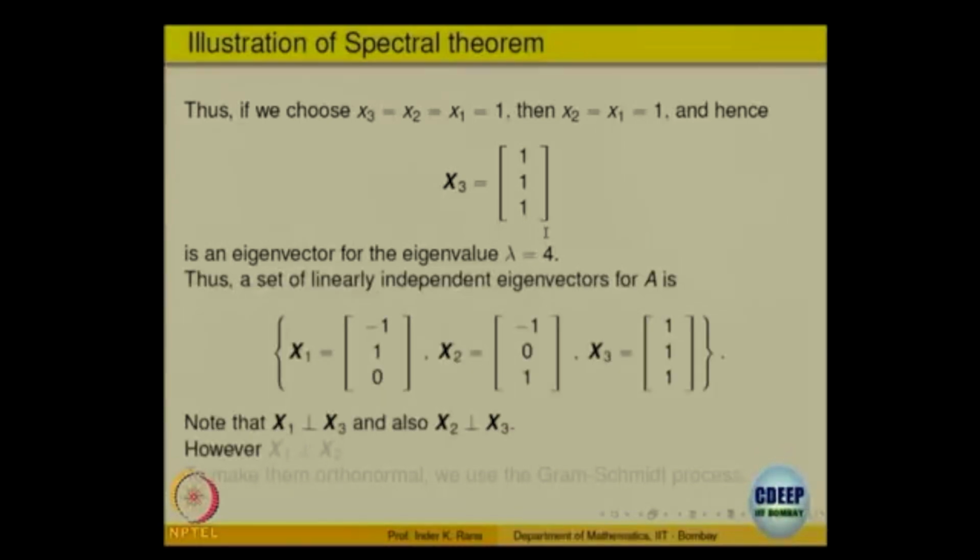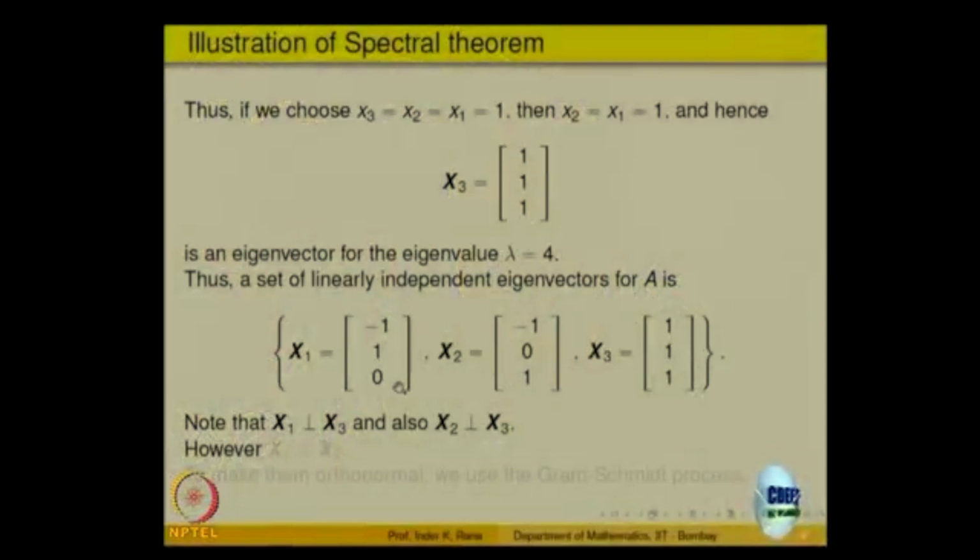So you get 3 vectors x1, x2 and x3, right, and that will always happen for a real symmetric matrix. You will get 3 linearly independent eigenvectors if the order is 3 cross 3. For n cross n, you will get n linearly independent eigenvectors for a real symmetric matrix. Now observe, x1 and x2 were the eigenvectors for the eigenvalue lambda equal to minus 2, and x3 is for lambda equal to 4.